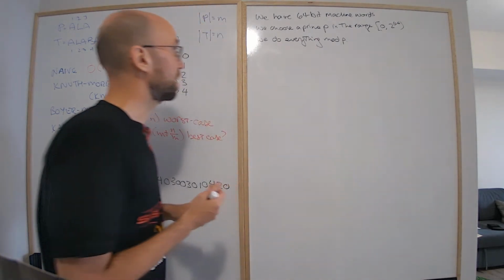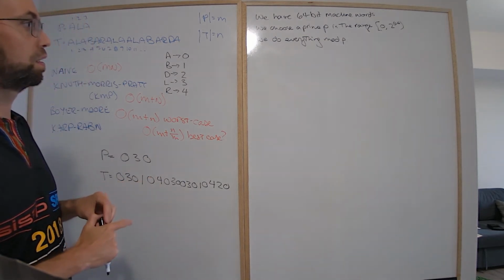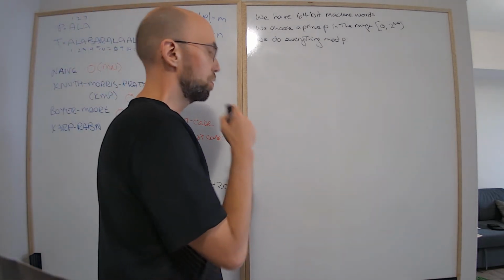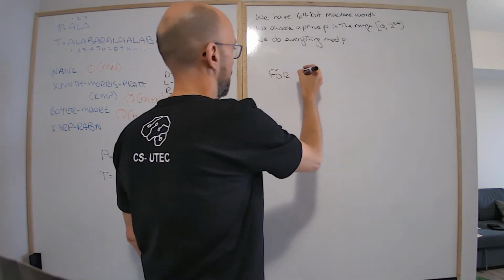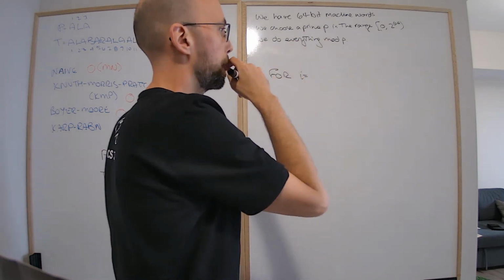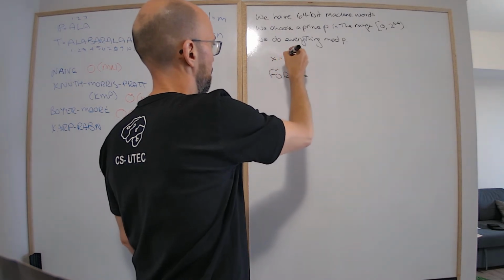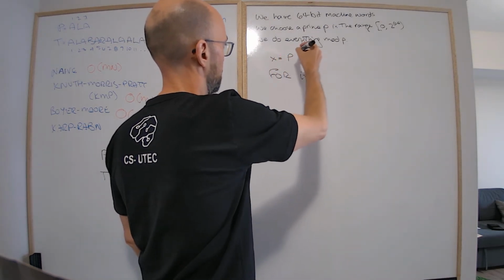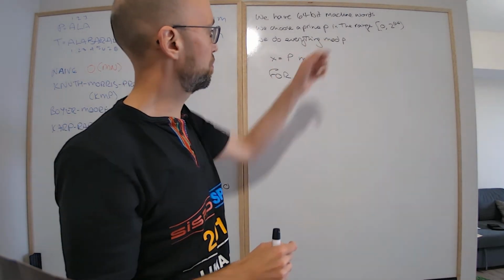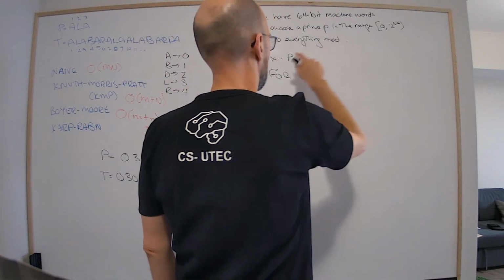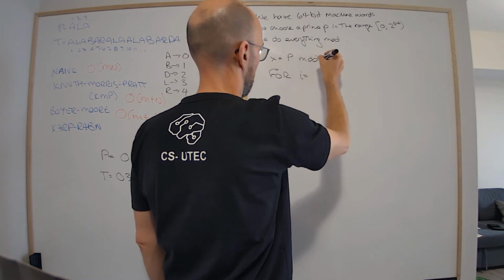So the cool thing is, what do you do? Let's say that x equals p as a number. Oh no, p is a terrible choice. This is a little p as a prime. Let's say this is q. x is P mod q, where P is the pattern, viewed as a number.